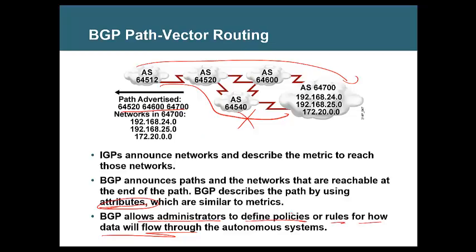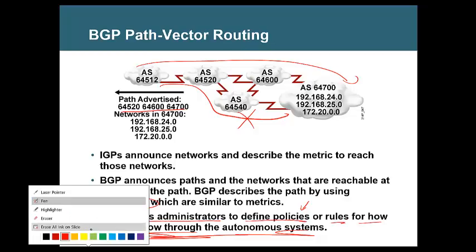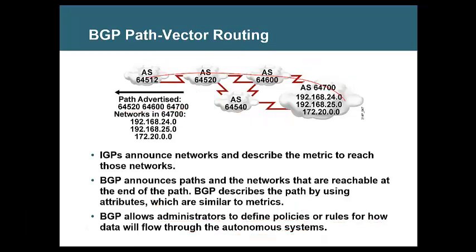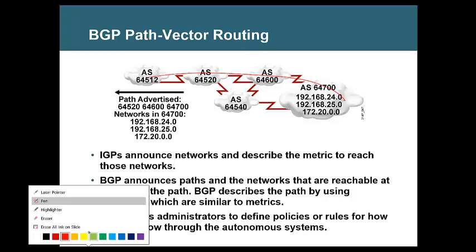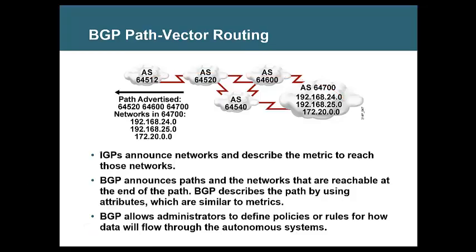BGP allows the administrator to define the policies to say how the data should flow through the autonomous systems. It is not just through 10 routers. It is through the autonomous systems. It is crossing countries and continents.